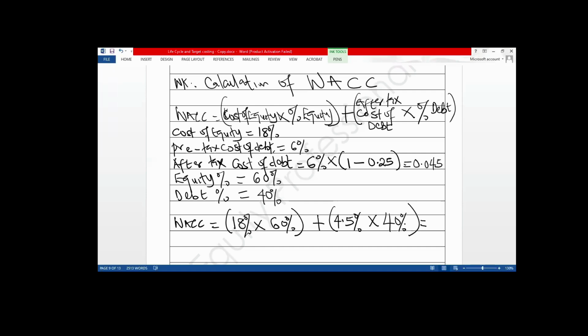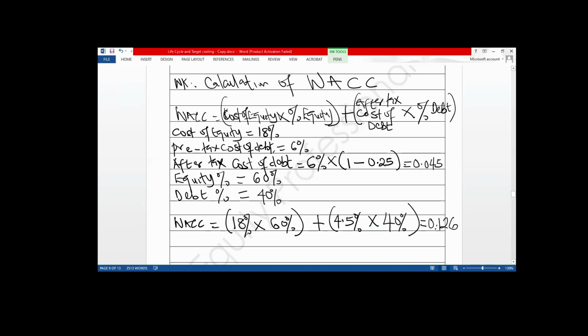0.0288 is not possible. The figure you are going to get is 0.126.